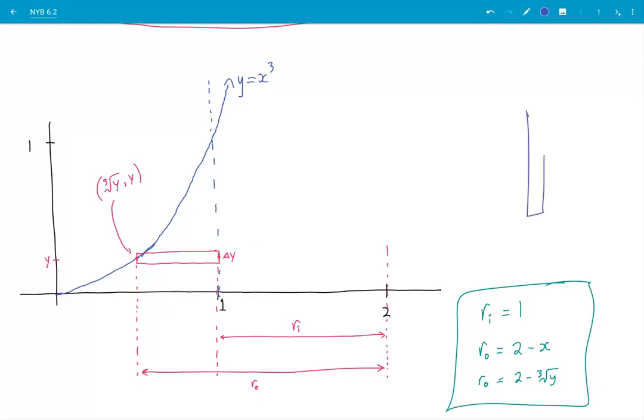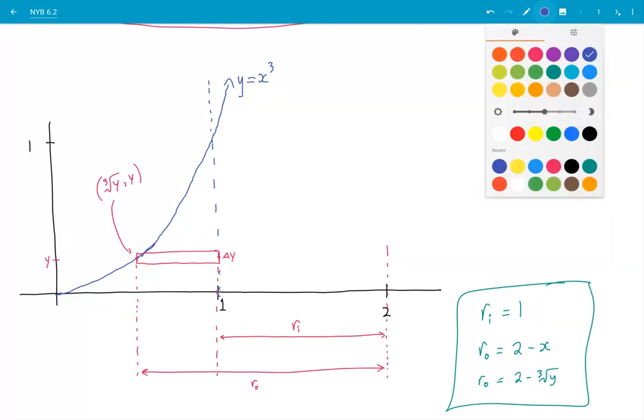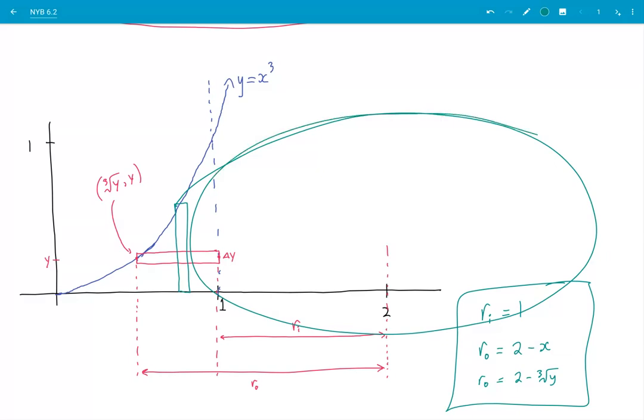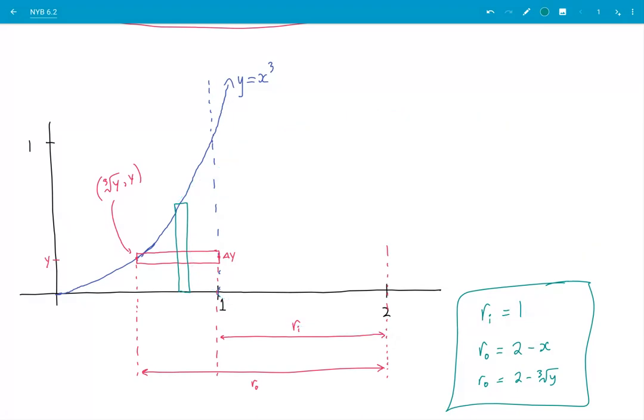You say, why don't I just draw a vertical rectangle like this? Why did I not do this thing in green? Well, if you imagine this green thing rotated about x equals 2, what you get is called a cylindrical shell.